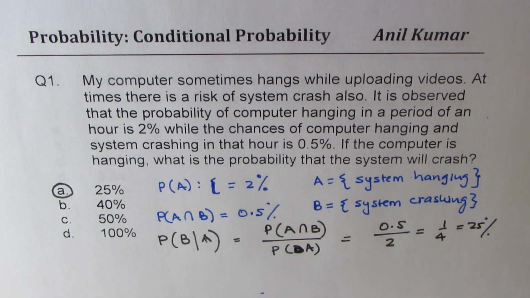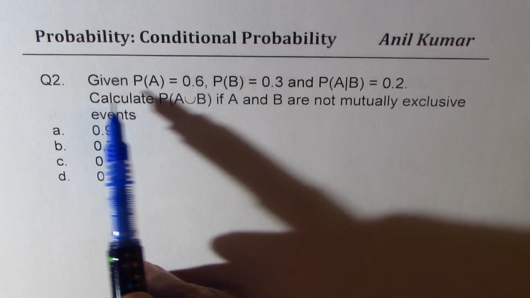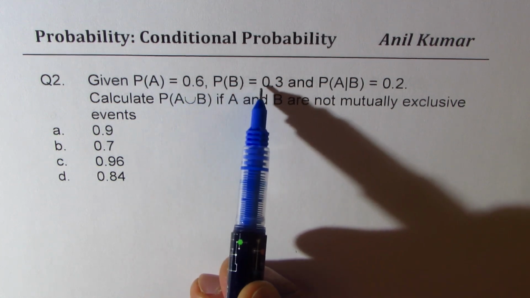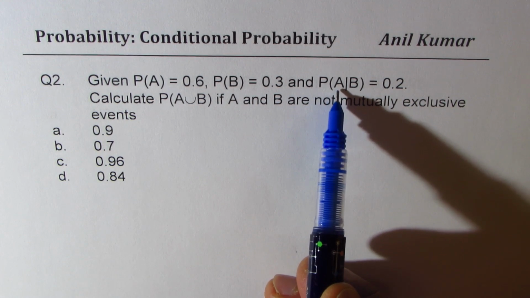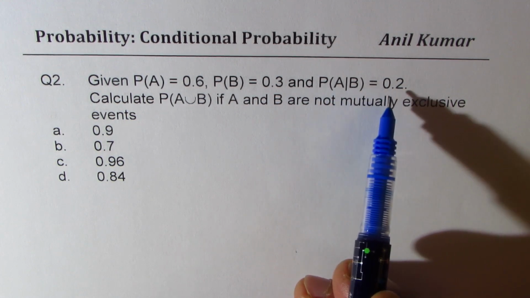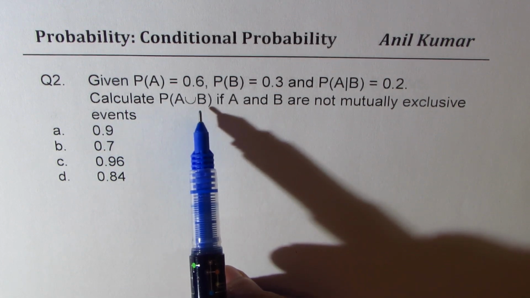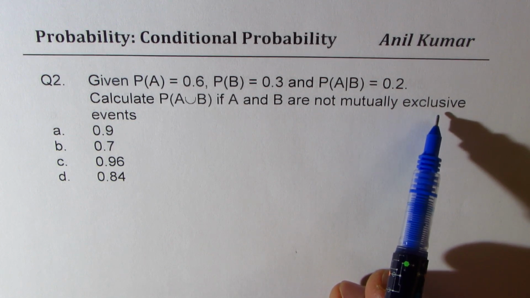Now let's move on and take up some other questions. Question number 2. Given probability of A is 0.6, probability of B is 0.3, and probability of A when B has occurred is 0.2. Calculate probability of A union B if A and B are not mutually exclusive.